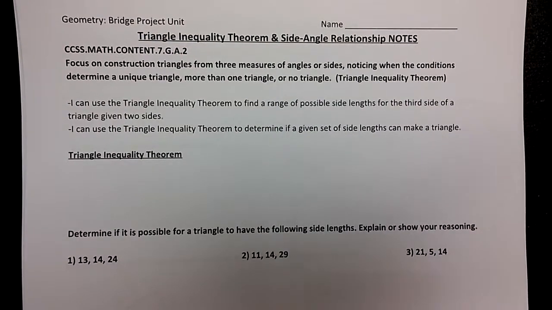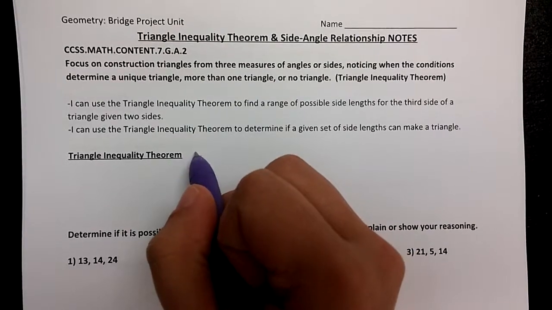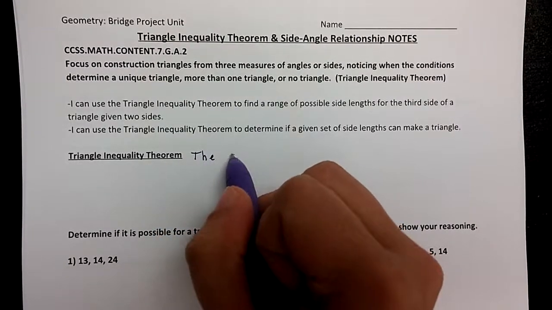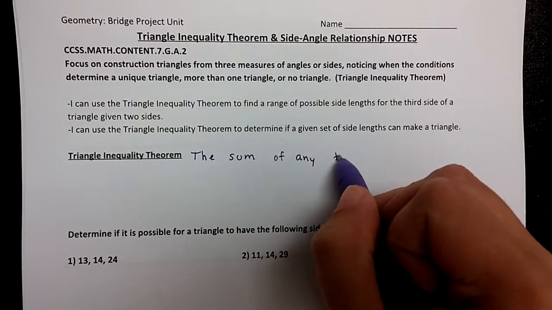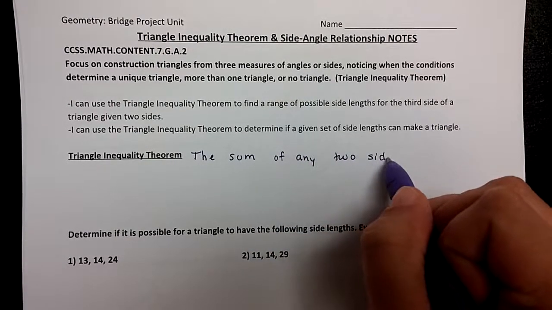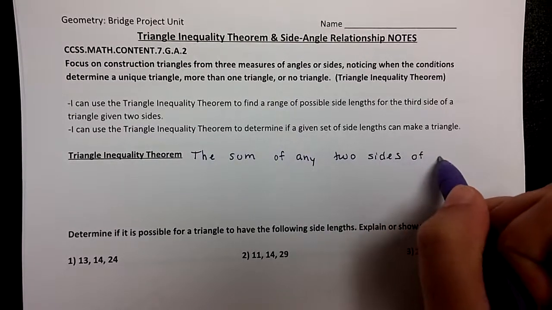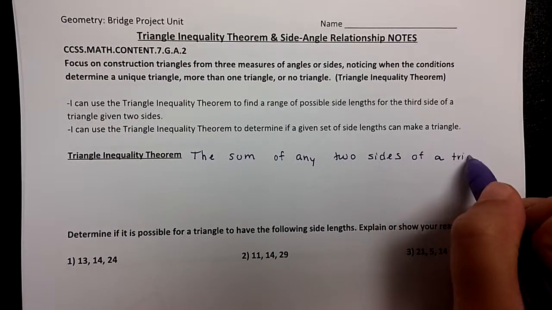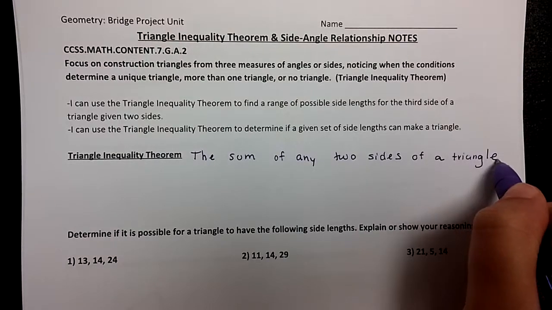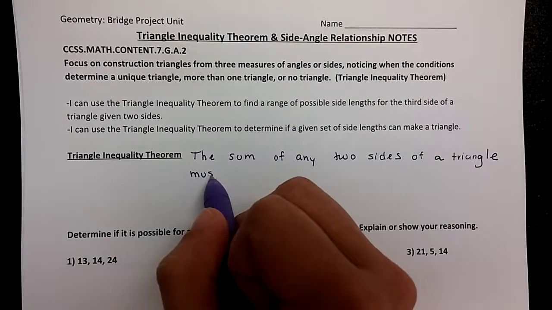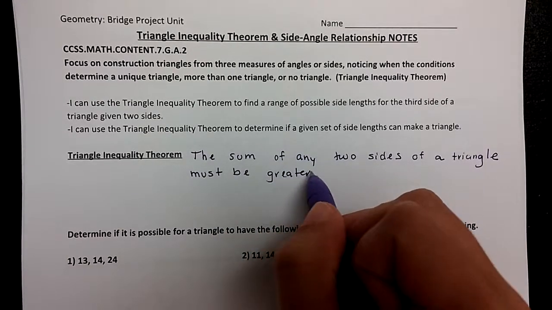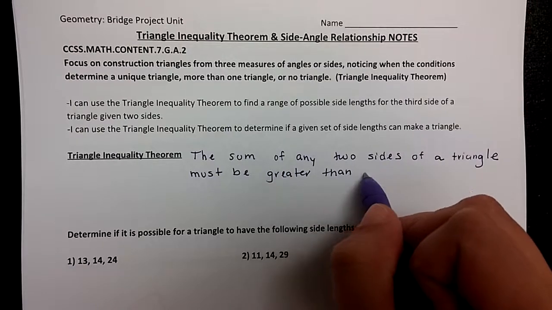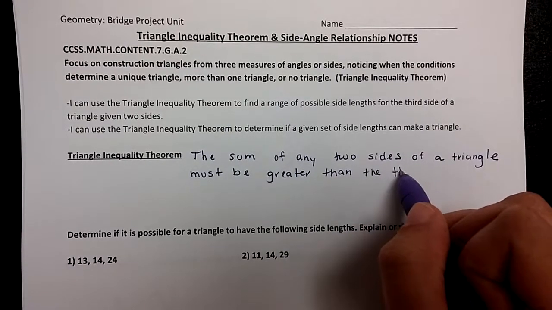So the first thing I want to do is write down what is the triangle inequality theorem. The triangle inequality theorem states that the sum of any two sides of a triangle must be greater than the third side.